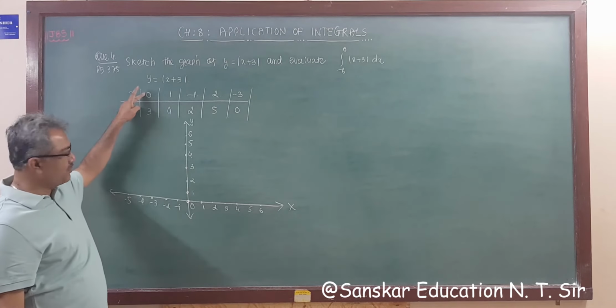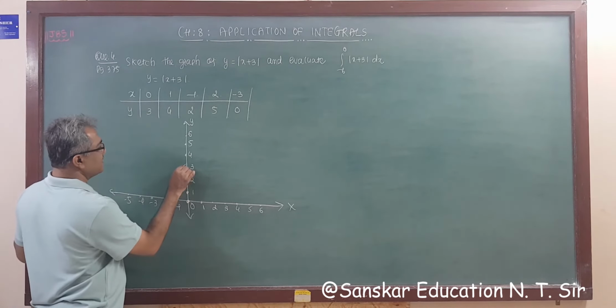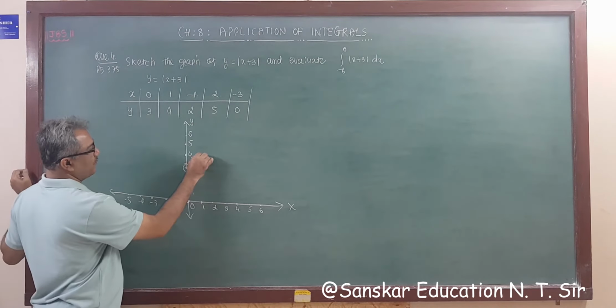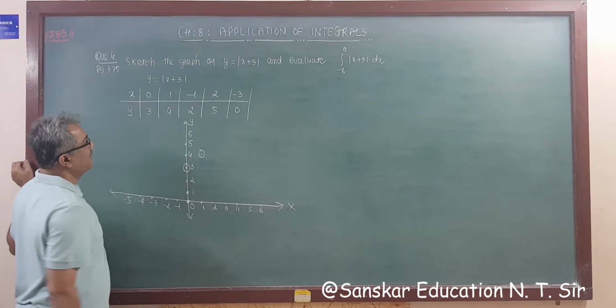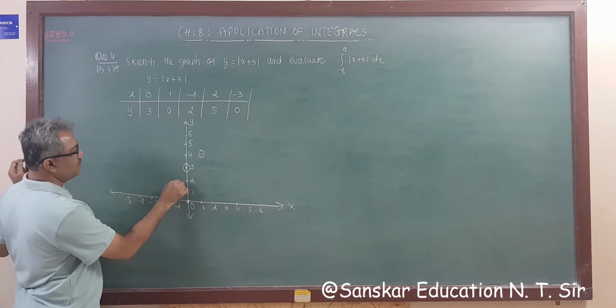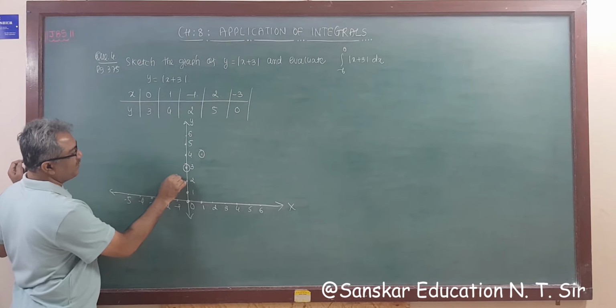So first x equal to 0, y equal to 3; this is the first point. Then x equal to 1, y equal to 4; this is the second point. X equal to minus 1, y equal to 2; there it is, this is the point.